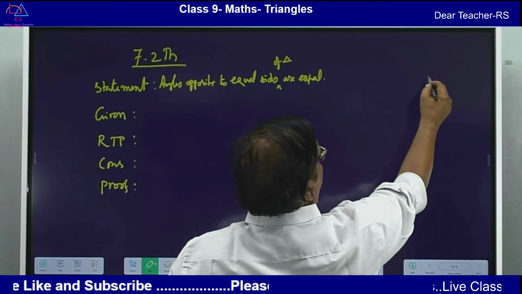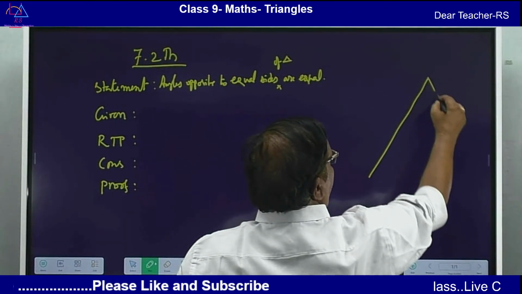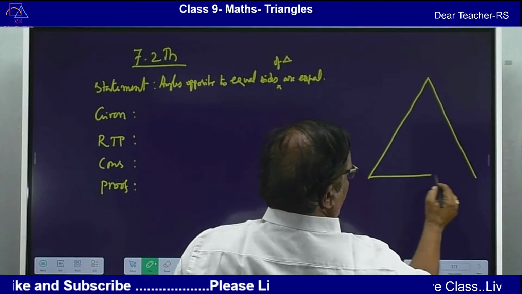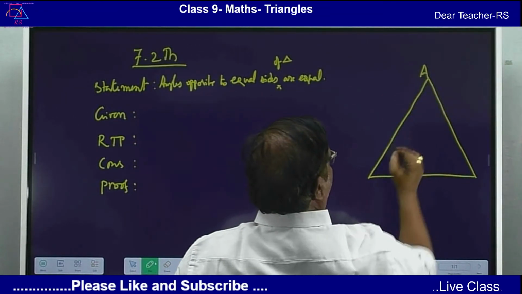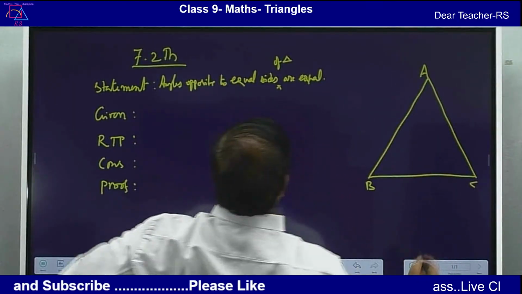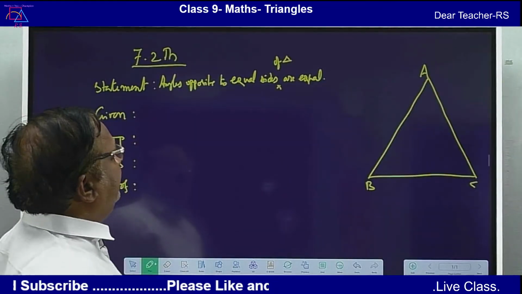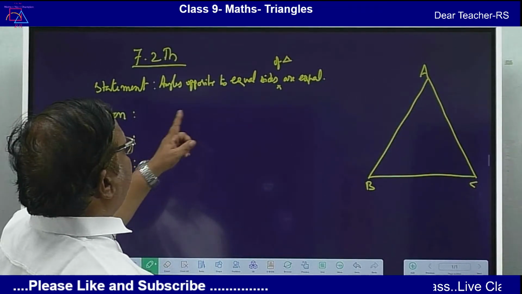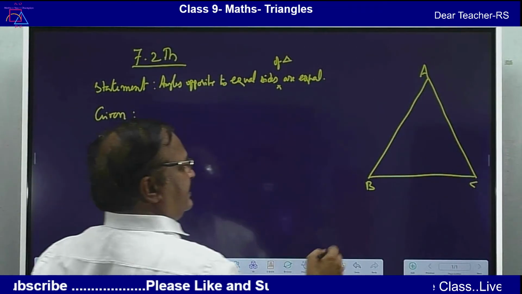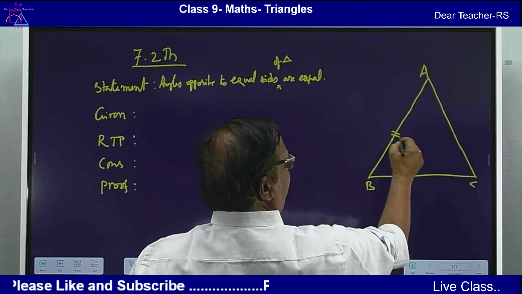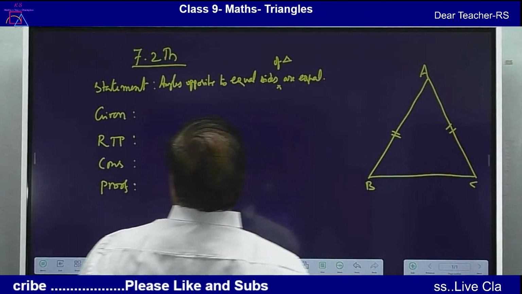That means let us draw a triangle. ABC is the triangle. Now as per the statement, I am drawing the diagram. So now angles opposite to equal sides, that means two sides are equal. These two sides are equal.